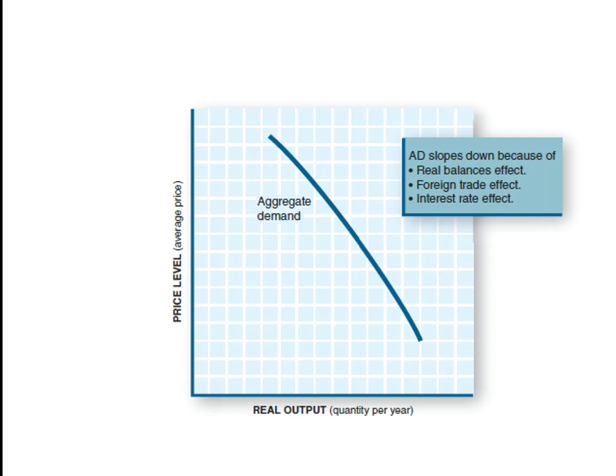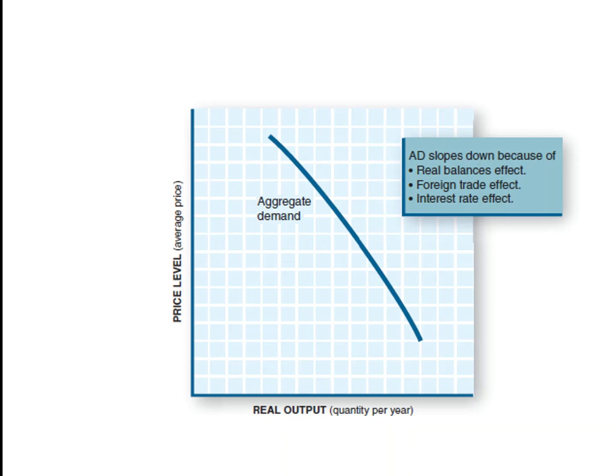That's another reason why the aggregate demand is downward: as the price level goes down, domestically produced products get cheaper, and you can afford more domestic goods. That's why the real GDP goes up. So that's the second reason, the foreign trade effect. It looks at the relative price between foreign goods and domestically produced goods.